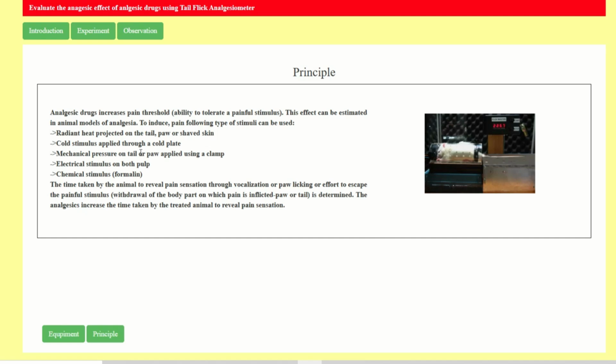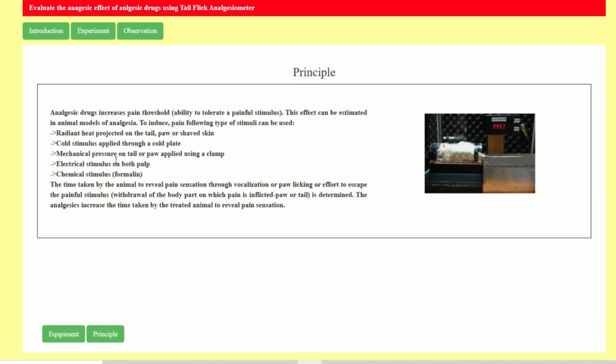Cold stimulus applied through a cold plate. Sometimes we have to reduce the temperature of the cold plate below 0 and place the animals, or put the tail on it. After some time it will flick its tail. So like that we also use cold stimulus.